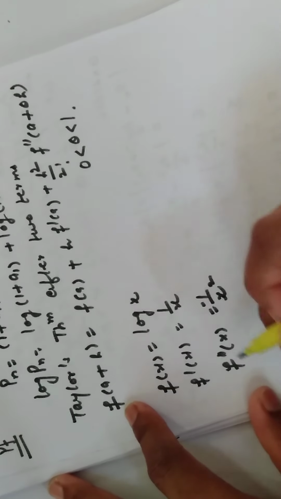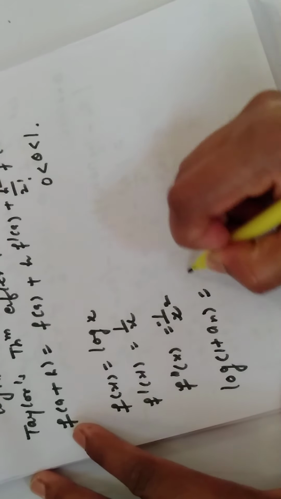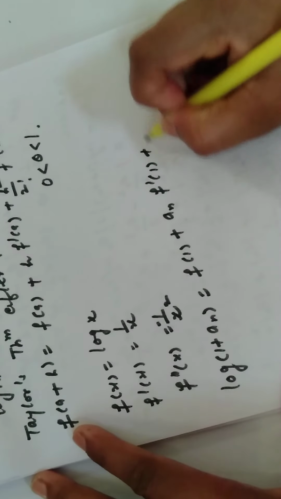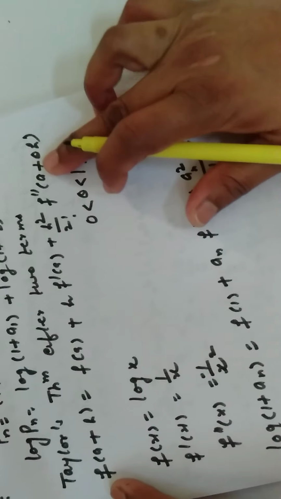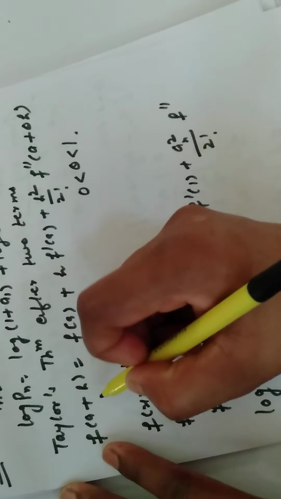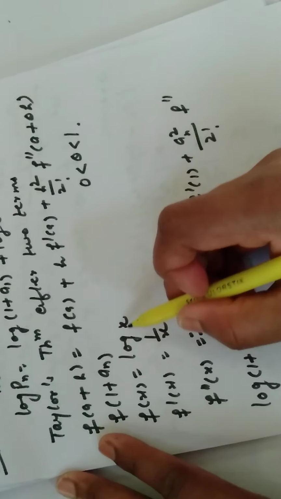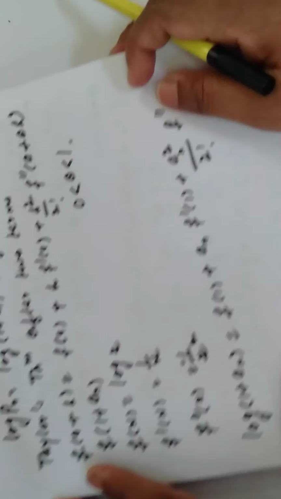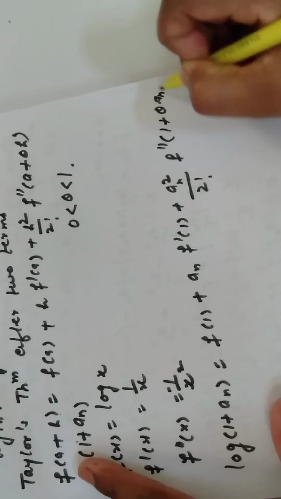So putting this in Taylor's theorem, log of (1 plus a_n) is f of 1 plus a_n into f prime of 1 plus a_n squared by 2 factorial f double prime of (a plus theta h). Here I have taken a as 1 and h as a_n, where f is log of x. So it is f double prime of (1 plus theta into a_n).